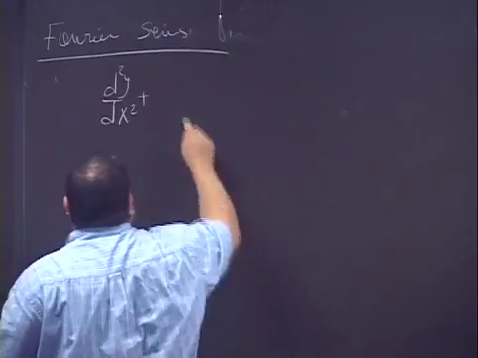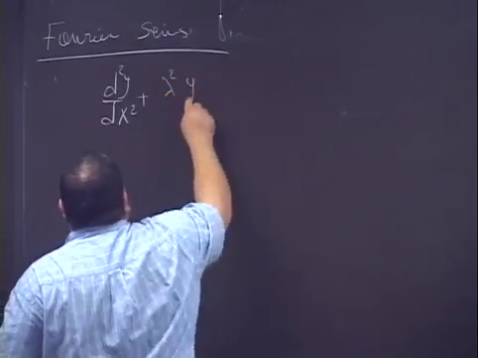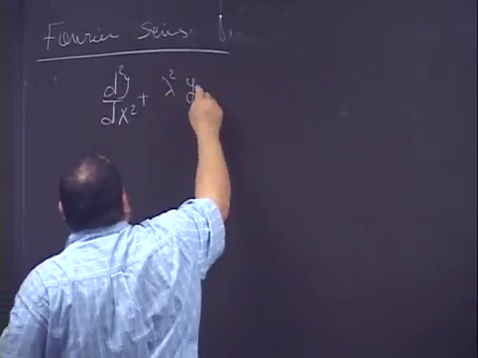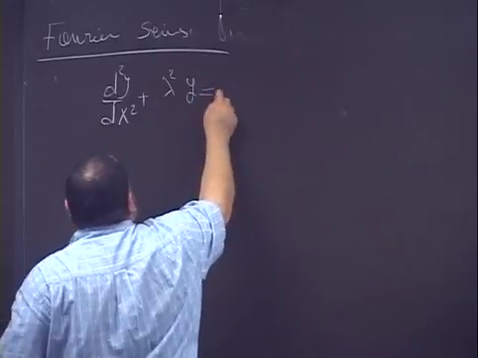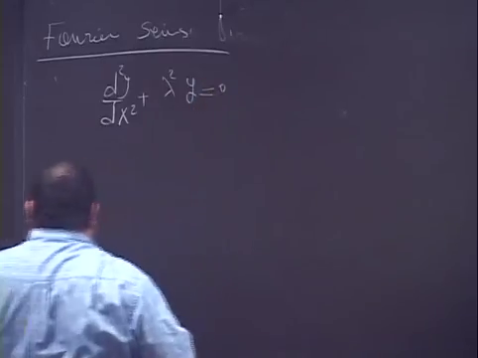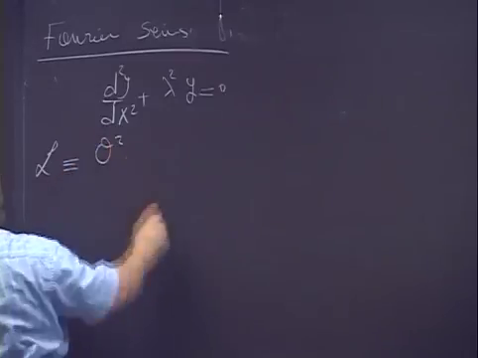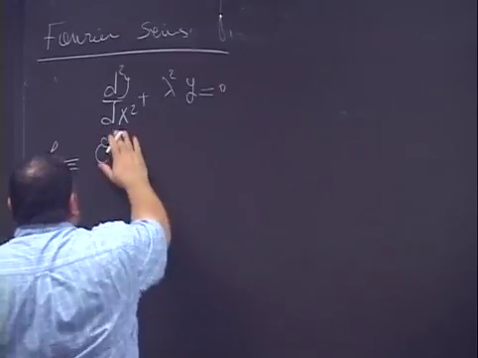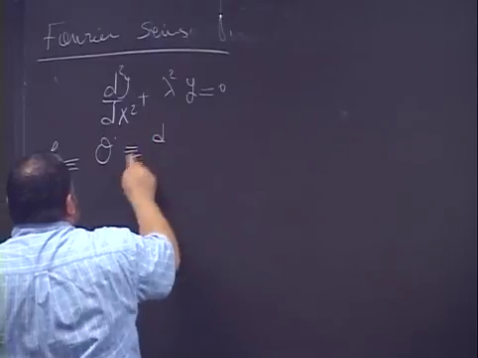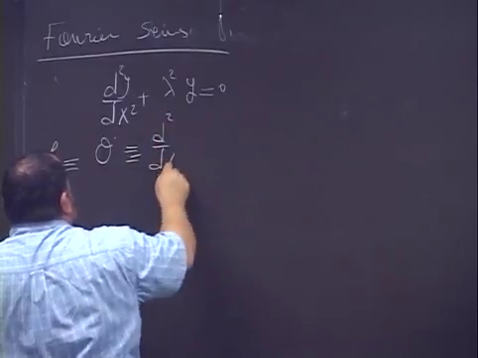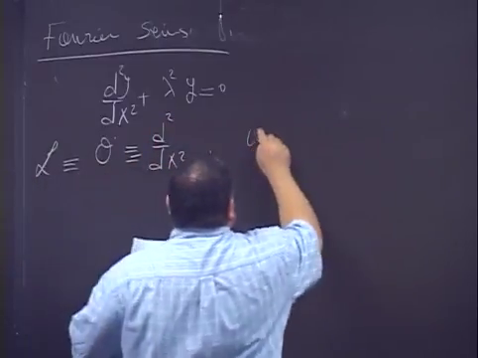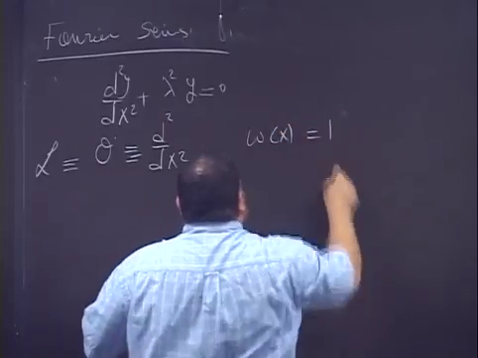If you remember the last lecture, we wrote the differential equation as d2y by dx squared plus lambda squared y equal to 0, and our linear operator here would be just O, which is d2 by dx squared, with weighting function 1.